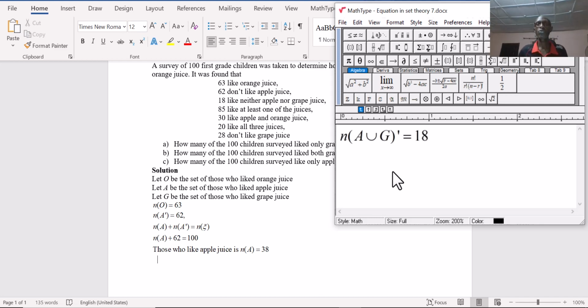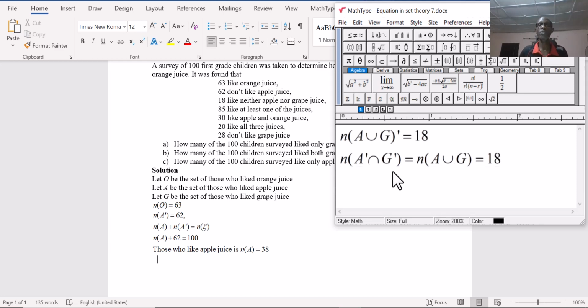Or we can write it like this. They don't like, that is what the statement means. This same statement is the same thing as A complement intersection G complement is equal to 18.